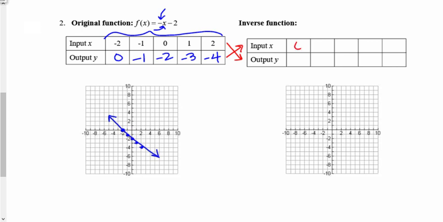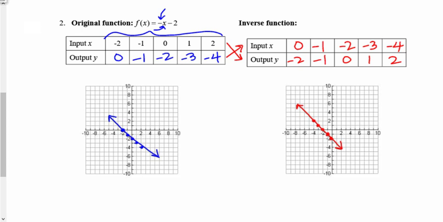So my x's are 0, -1, -2, -3, -4. My y's are -2, -1, 0, 1, and 2. So plotting these new points, I have 0 comma -2, -1 comma -1, -2 comma 0, -3 comma 1, and -4 comma 2. So here's my new inverse graph.